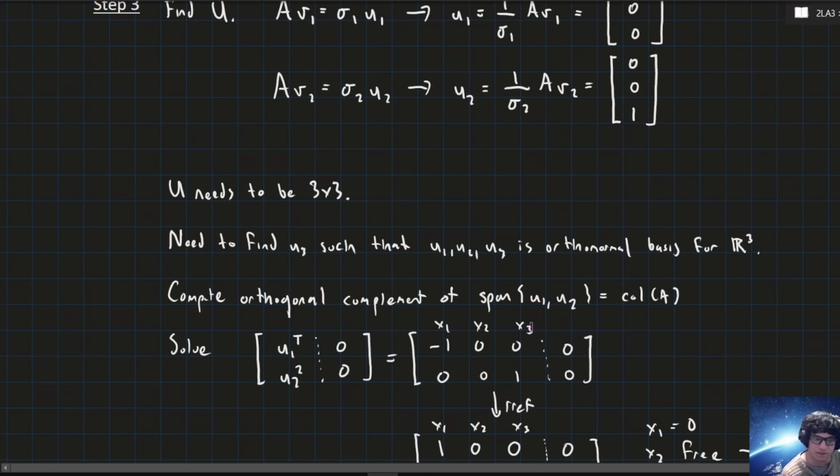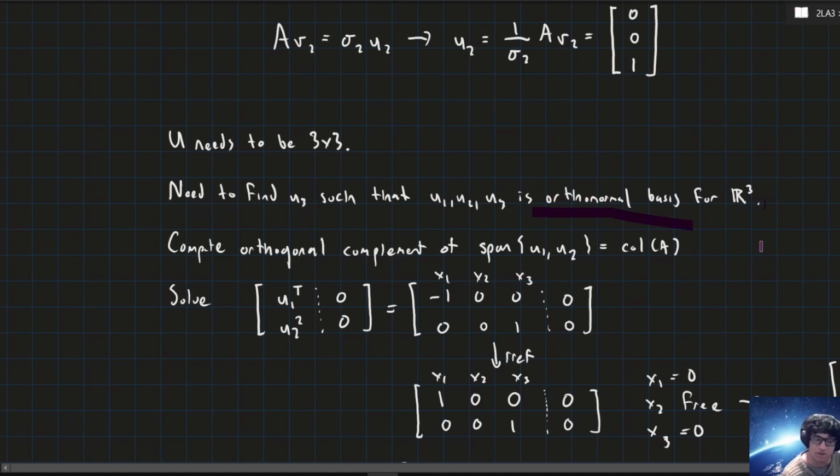Like I said, what we want to do is take U1 and U2 and extend it so that we have U1, U2, U3 as an orthonormal basis for R3.